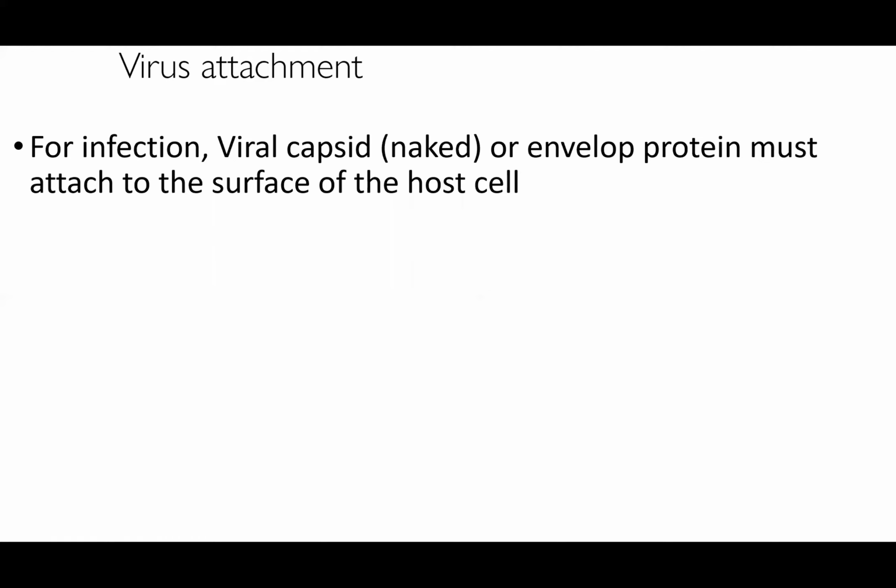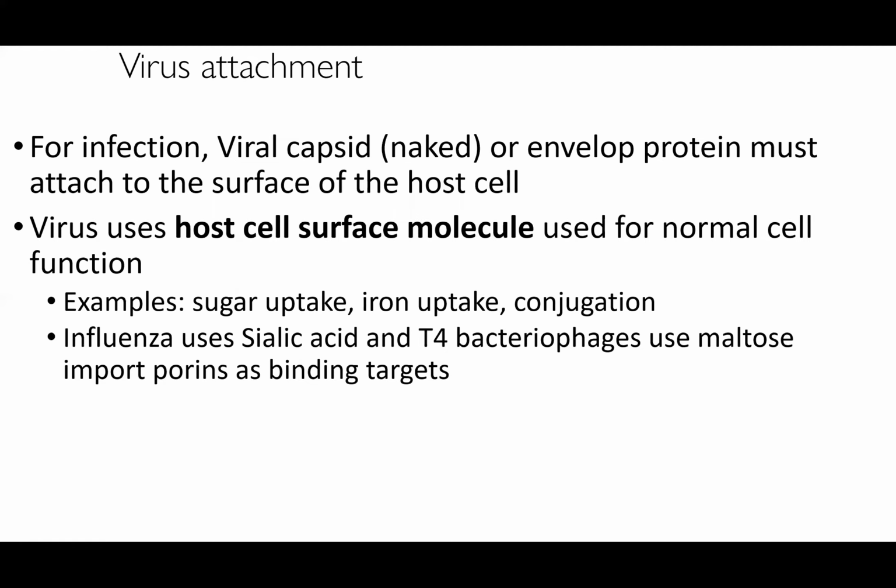So for infection, the viral capsid, in this case thinking about naked viruses, or the envelope itself, must attach to the surface of the host cell. The virus uses a host cell surface molecule that serves a normal cellular function, typically proteins. For instance, HIV binds to sugar uptake proteins on our cells.